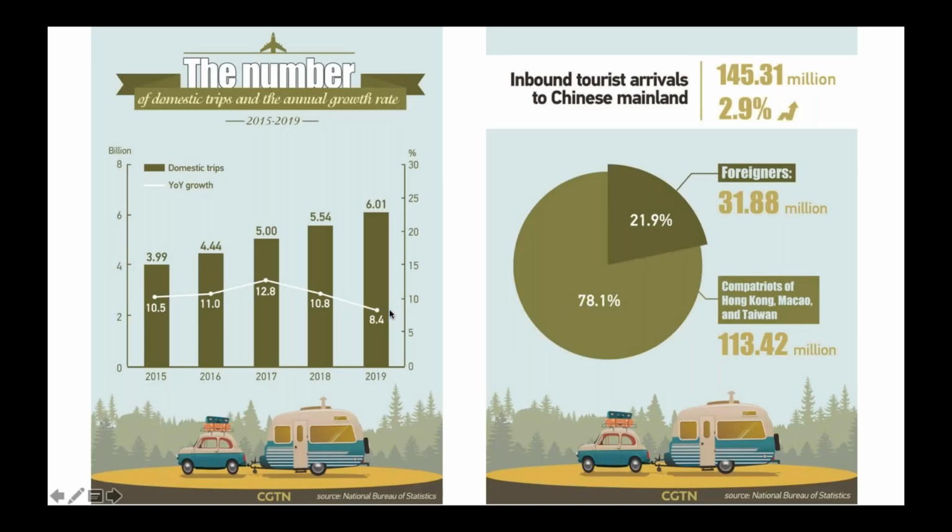So to give you a context here, if you were to take a look at the movement of people in China, year on year, it's been growing in terms of the sheer numbers. The number here is 6.1 billion domestic trips undertaken in China by people, and I hope you are able to get a sense of the number of people who are moving.